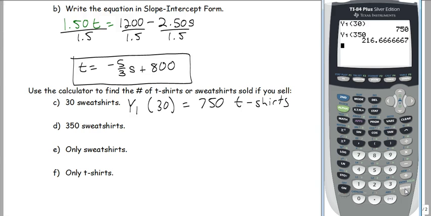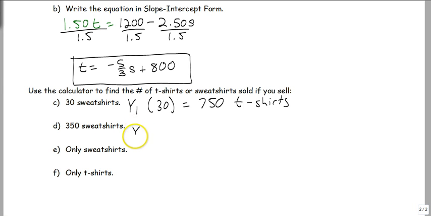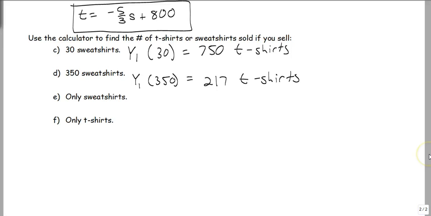Well, we can't really sell that, but in order to turn the profit, we probably have to round up, because it would make sense that we'd have to sell a little bit more to make sure we have our $1,200. So I would say my Y1 of 350 is equal to 217 t-shirts. It also makes sense because this would go down, because the more sweatshirts you sell, the less t-shirts you have to sell in order to still make your $1,200.